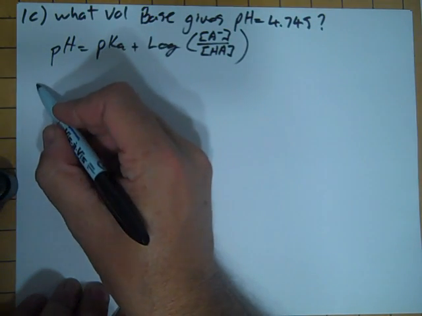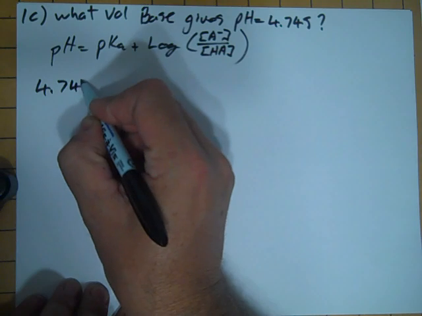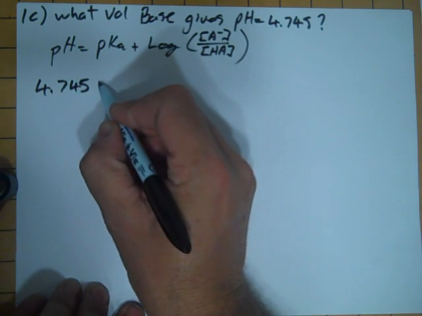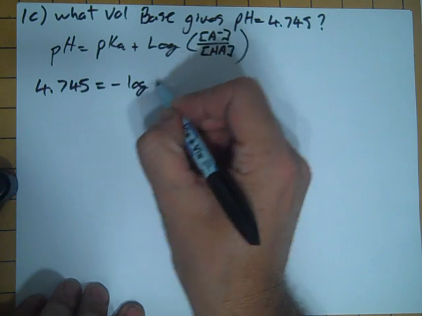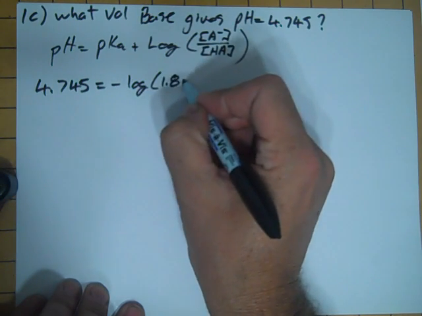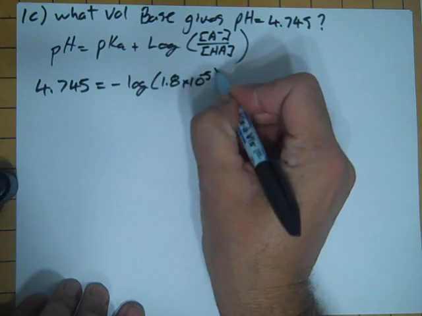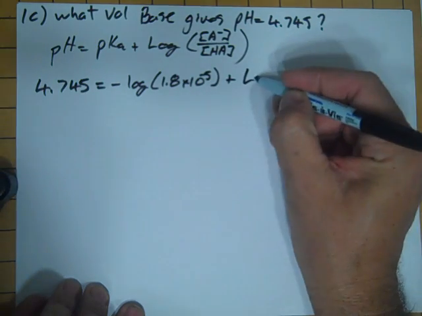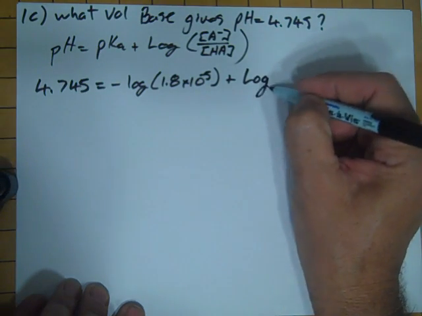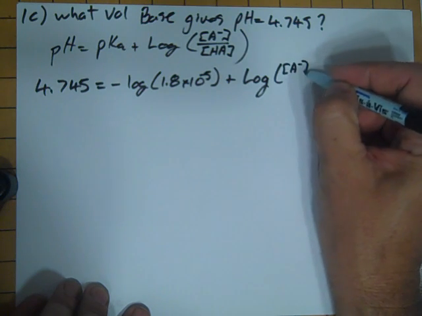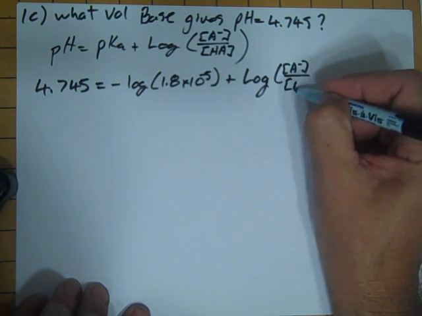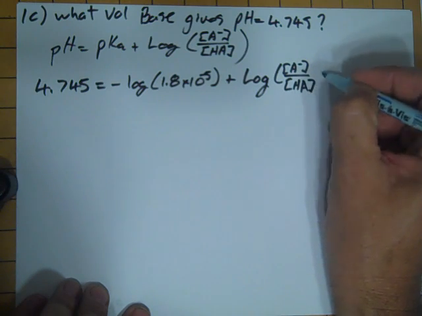And I know that I'm looking for this pH, 4.745, and that would equal pKa, which is the negative log of the Ka, which is 1.8 times 10 to the minus 5, plus the log of concentration of A minus over concentration of HA.